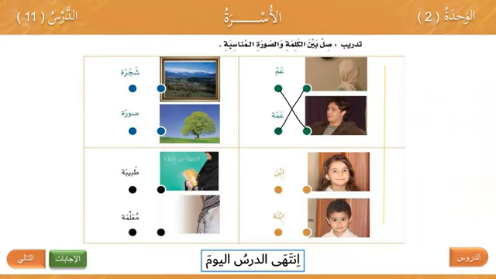Similarly, we have Shajaratun, so this is the tree over here, and Suratun, that's the picture over here. Ibnun, as we can see in the picture, the boy, and Ibnatun, the girl or daughter. And similarly, we have Tabibatun, that means a doctor, and Muallimatun, that means a teacher, lady teacher.